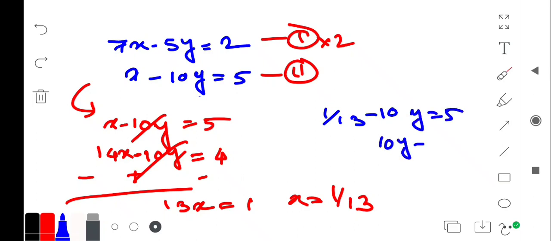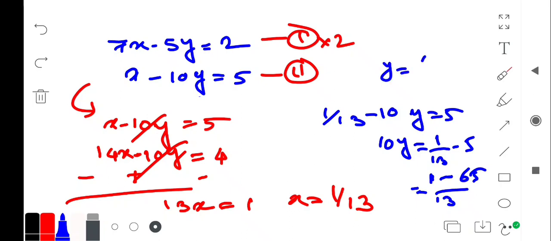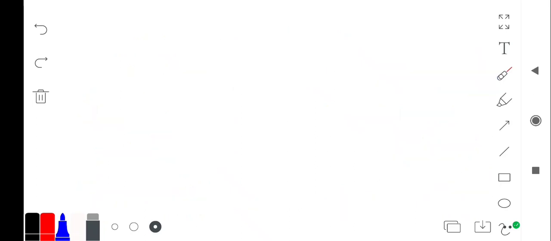So 10y equal to 1 by 13 minus 5. 1 minus 65, so y will be minus 64 by 13 into 10, that is equal to minus 64 by 130. Okay, this is the answer.